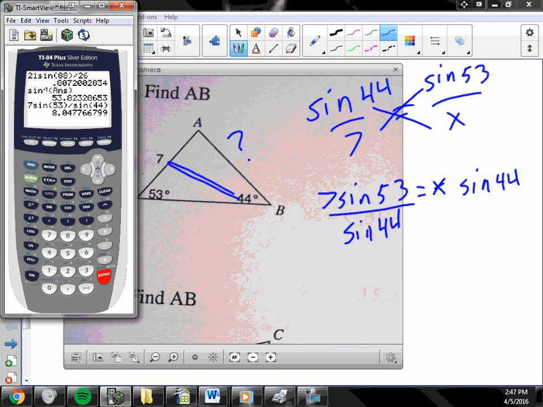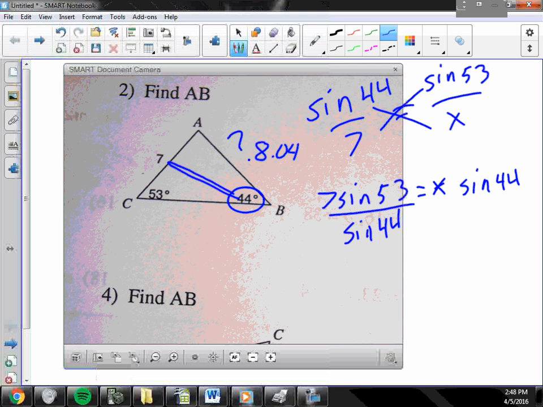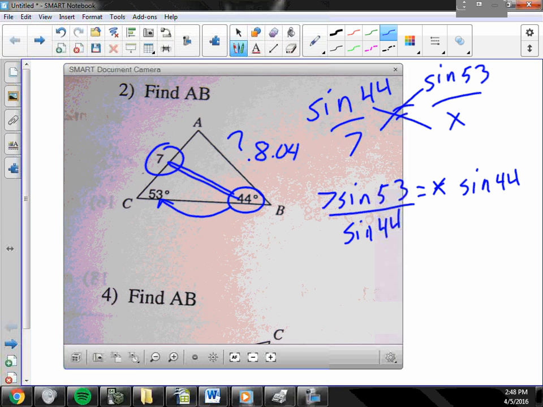So this is 8.04. Does that seem reasonable? Why? 44 is a little bit smaller than 53, so 7 should be a little bit smaller than 8. Okay?